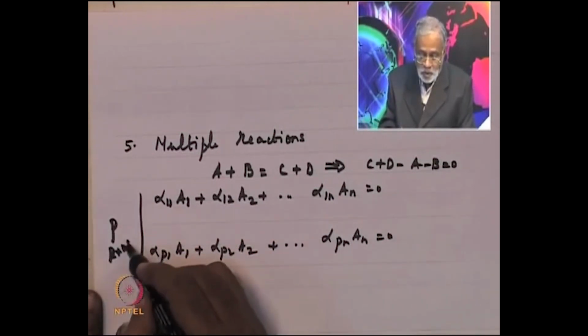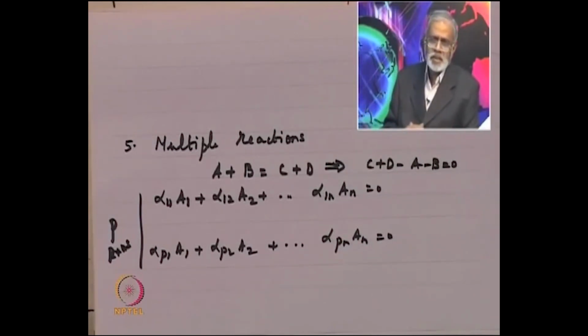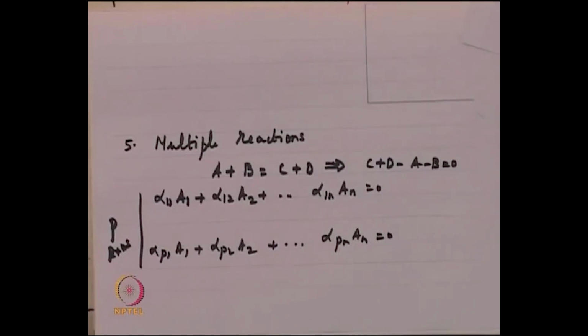Now, the important point is when a large number of reactions are happening, we also like to know how to manage and understand very large numbers of reactions. Therefore, we need a systematic procedure by which we are able to deal with them, so that we can account for them and find out what is happening in the reactions.